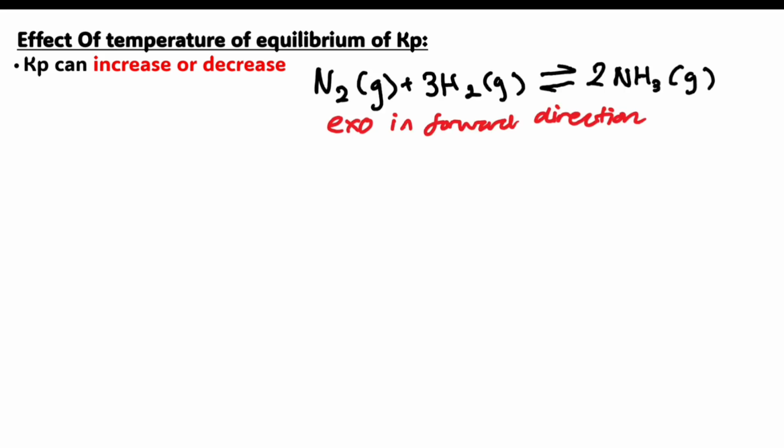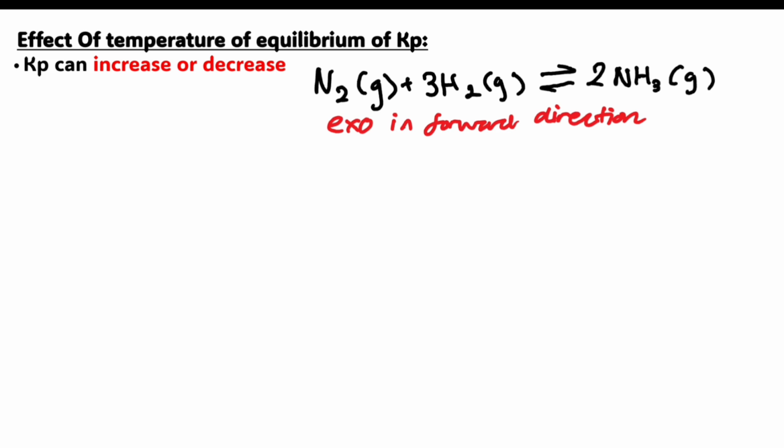Now, speaking of temperature, the effect of temperature on the equilibrium of Kp. As I said, Kp is only affected by temperature. Therefore, Kp can increase or decrease depending on the situation. So, for example, in this equation, it's exothermic in the forward direction.